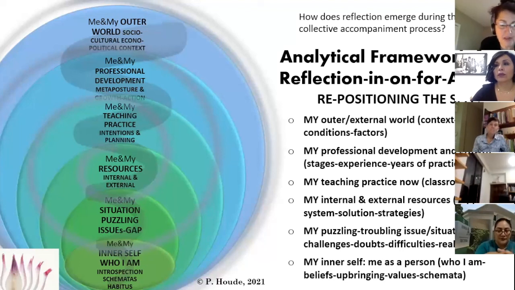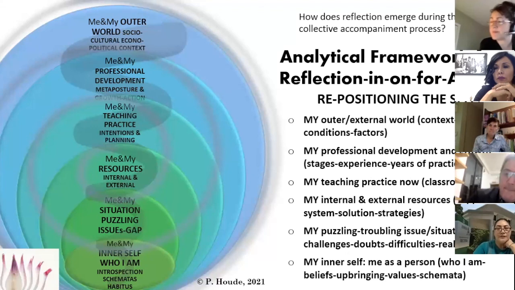So this is a model that I created when I did my doctorate program, and I used Suzanne Guilmette's reflection and learning loops. She's been talking about loops today. So I combined Thomas Farrell's framework and Suzanne's learning loops.